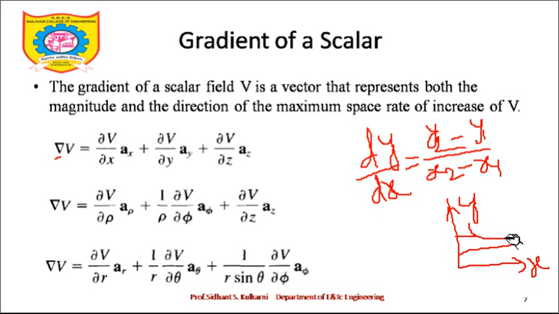Let's say in this particular range I need to calculate, so I show it by a dot. This is x1, this is x2, this is y1, this is y2. If someone asks you the slope of this, by the slope formula it is (y2 minus y1) upon (x2 minus x1).